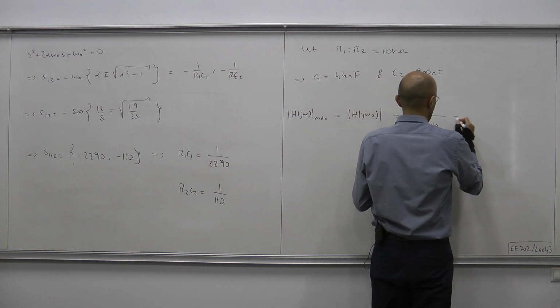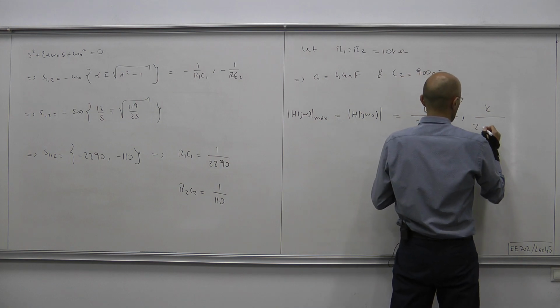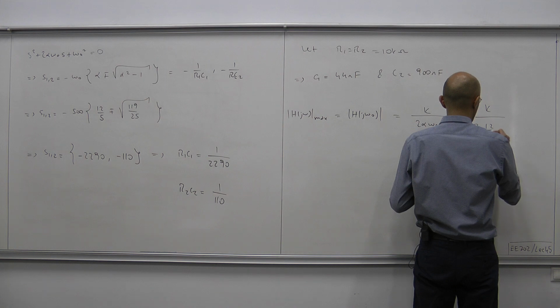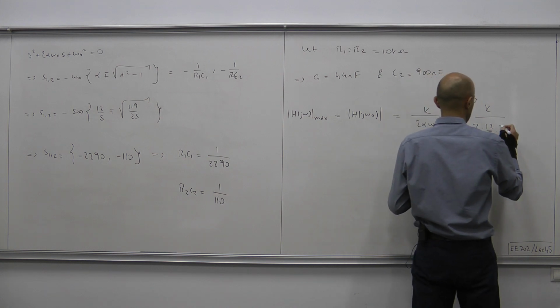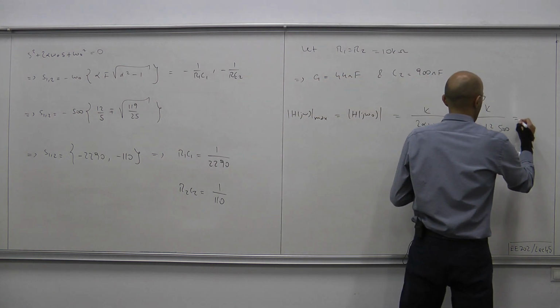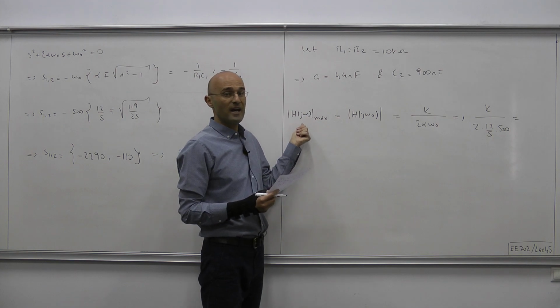So that means K over 2 times alpha, which was 2.4, times omega 0, which was 500, equals, which is given, 10.